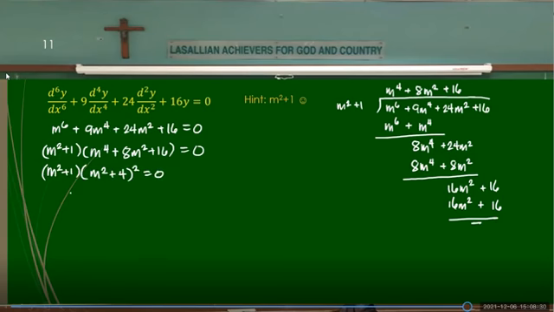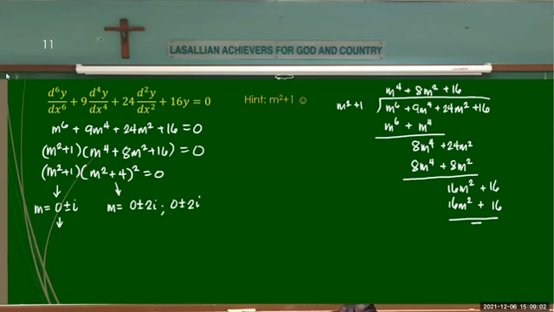So from the first one, your m is simply 0 plus and minus i. The second one, your m is 0 plus and minus 2i, but it appeared 2 times. For this one, your a is 0, your b is 1. In this case, your a is 0, your b is 2, but then it repeats.